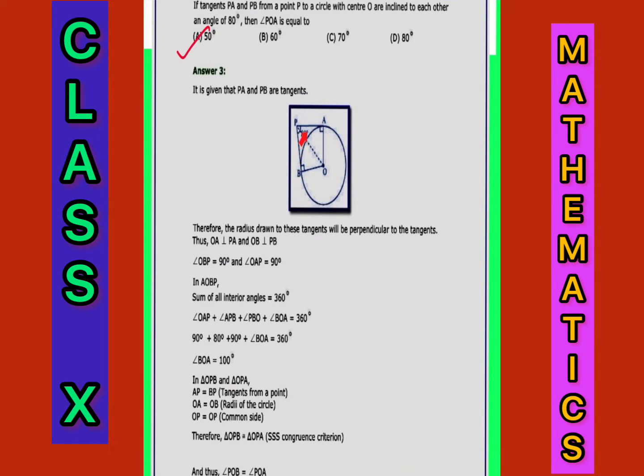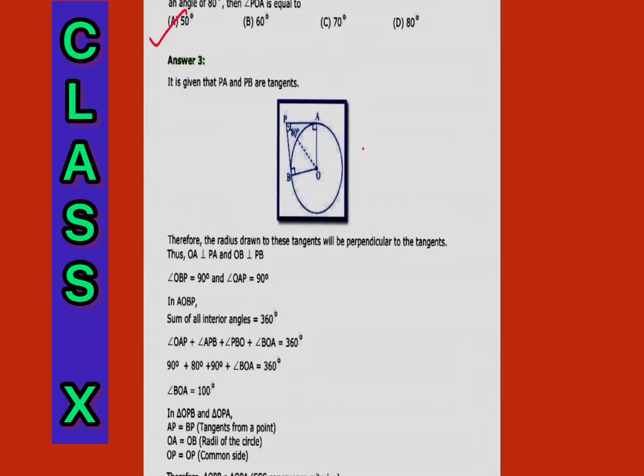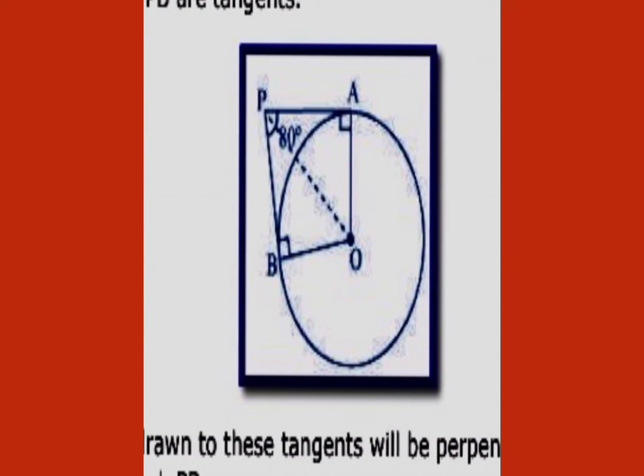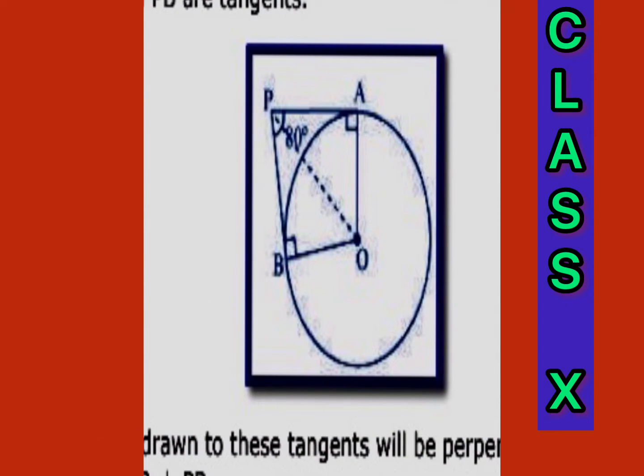So this top angle is 40 degrees, and this one angle is 90 degrees, so that we can find this angle.